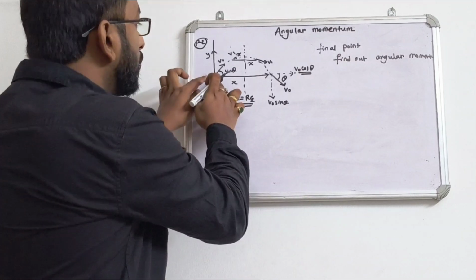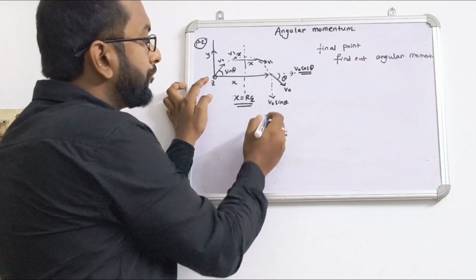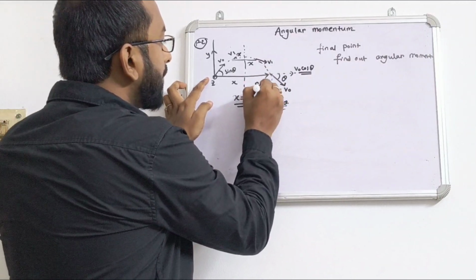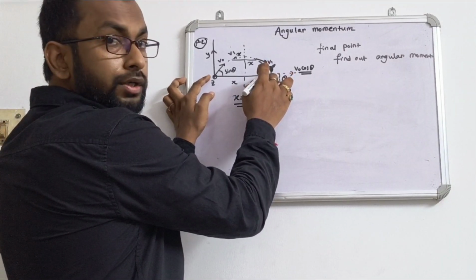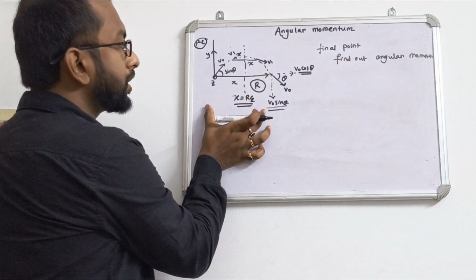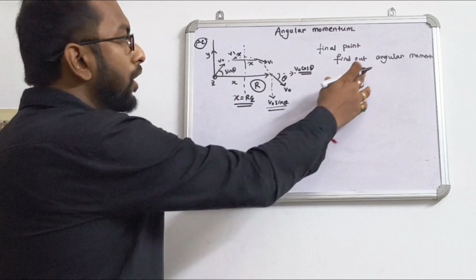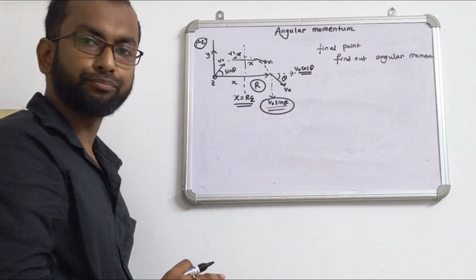Now if I draw a perpendicular on this v0 sin theta component of velocity, we will get that range R is the distance to this point, and that is the perpendicular distance to v0 sin theta. So for v0 cos theta we cannot draw any perpendicular. So there will be angular momentum generated only due to this component of the velocity.